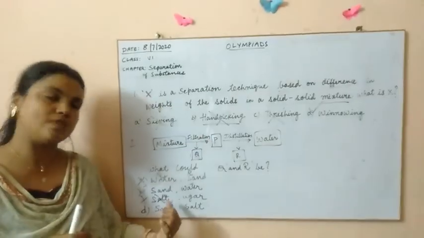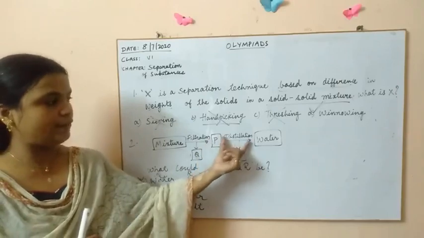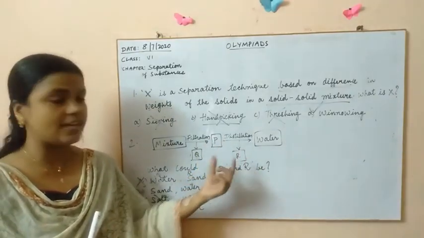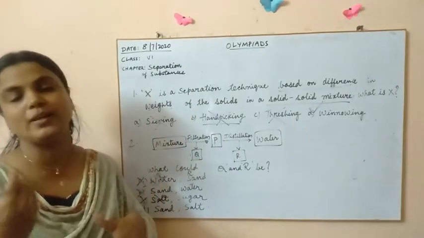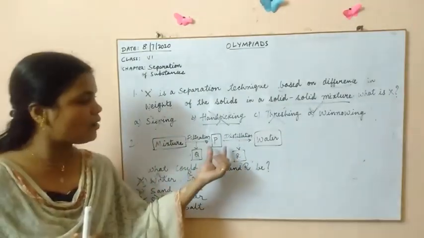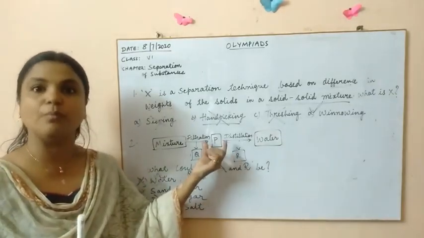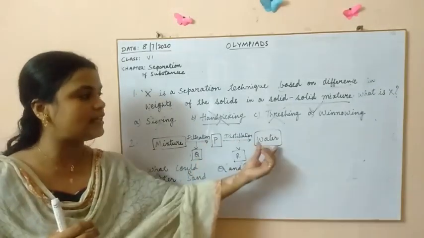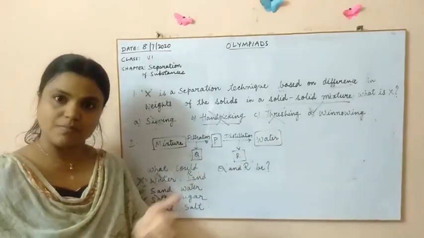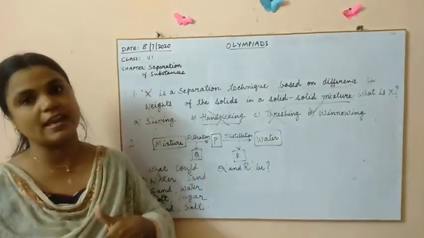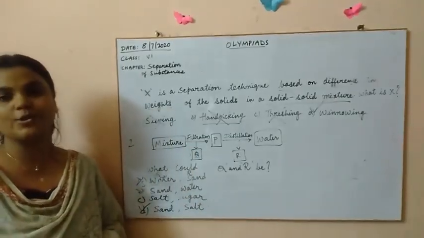Then when you distill, the soluble component will get separated out. So upon distillation, if it contains a soluble component like salt, the salt gets separated out and the water is again separated out. So can you see now? D is the right option.